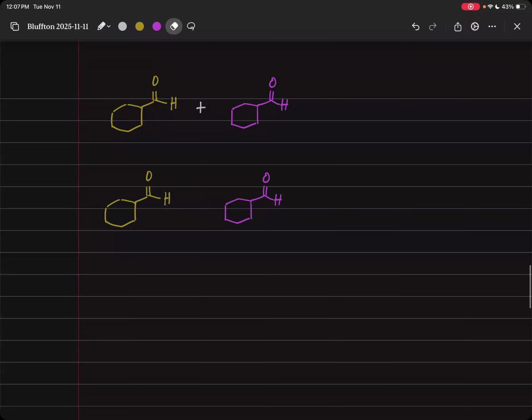So we're going to form a bond between the carbonyl carbon of one of the molecules and the alpha carbon of the other.